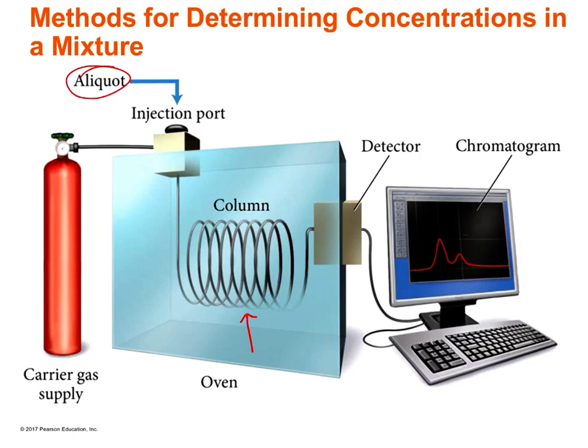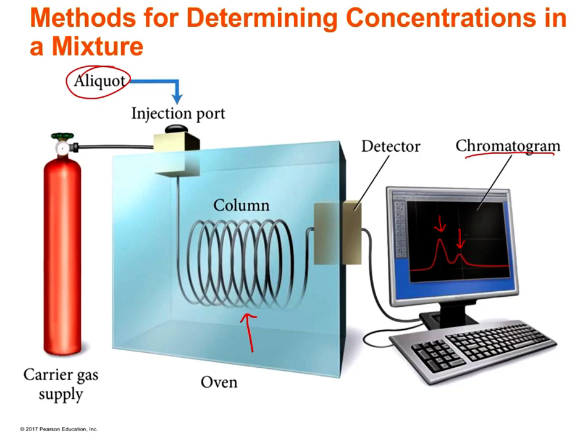And then eventually, once you've separated out each of those different components, you can measure their concentration using this device. And what you get is what's called a chromatogram. So you can see there's 2 peaks in our chromatogram, and each peak corresponds to a different component of a mixture.